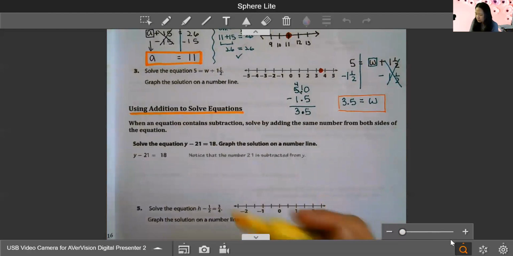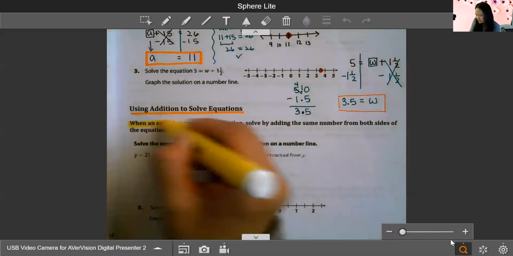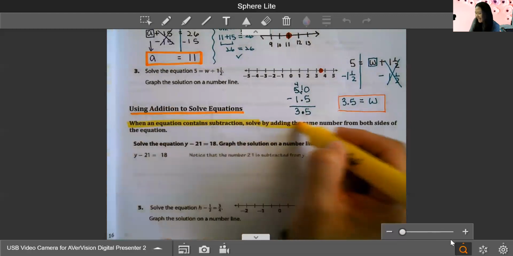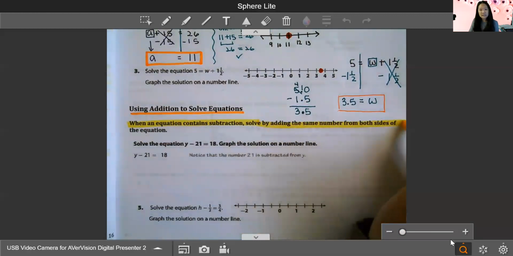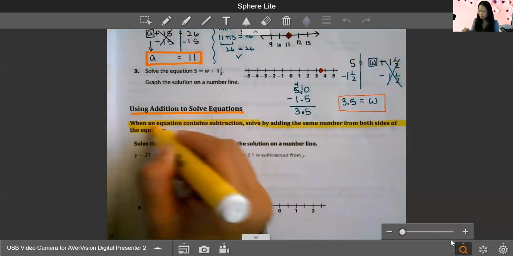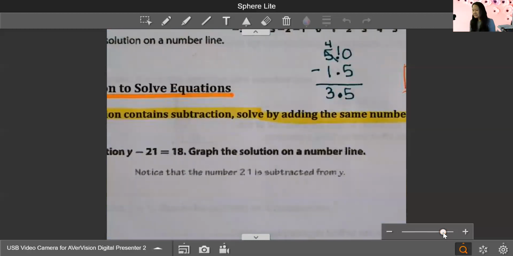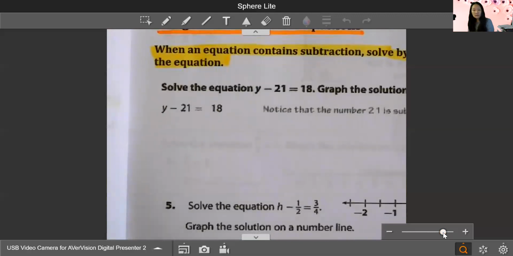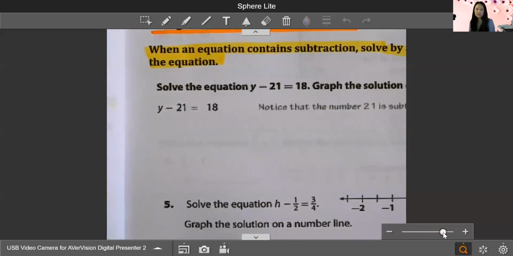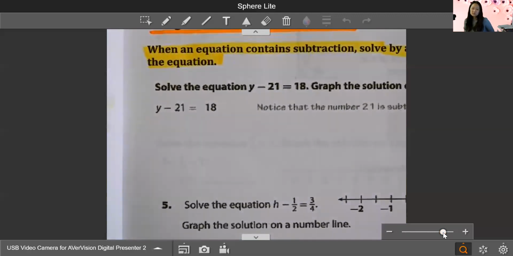So when an equation contains subtraction, solve by adding the same number to both sides of the equation. All right, so let's start with the first one. It says, solve the equation y minus 21 equals 18 and then graph the solution.